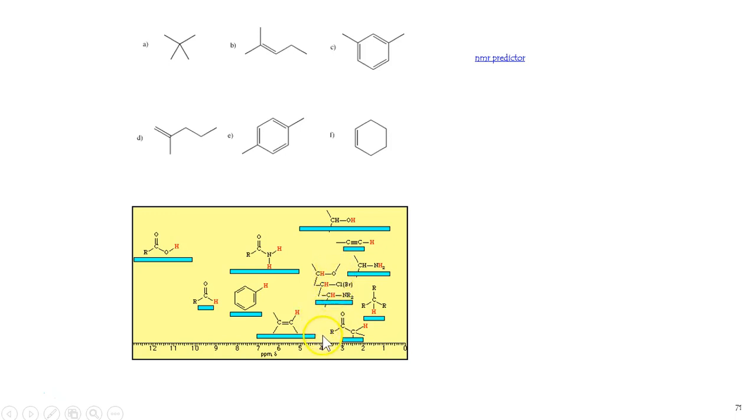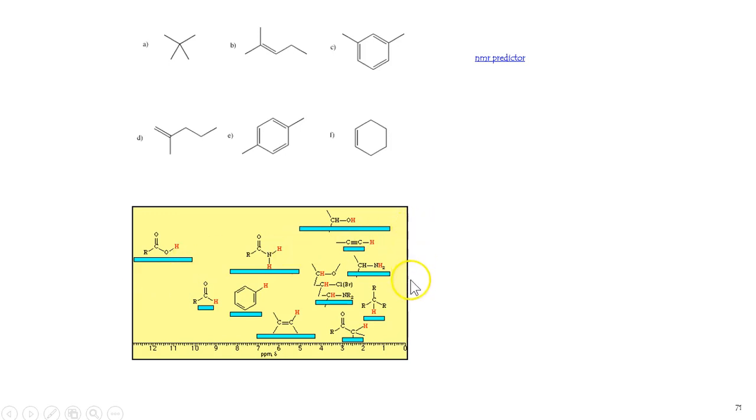Ethers, more like 4 parts per million. If you have aromatic rings, they're typically in the 7 to 8 region. Amide hydrogens can be around 7 parts per million. The aldehyde hydrogen can be very diagnostic because it's all the way down at 9 or 10 parts per million, and carboxylic acids can be beyond 10, where there's not much else.